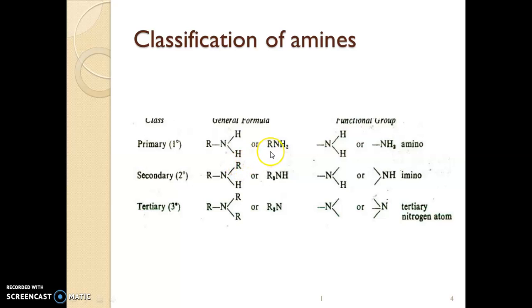So the formula is RNH2, and the functional group present is NH2, called amino. In the secondary amine, 2 alkyl groups attach to the nitrogen along with 1 hydrogen. So the general formula is R2NH, and the functional group NH is called imino.